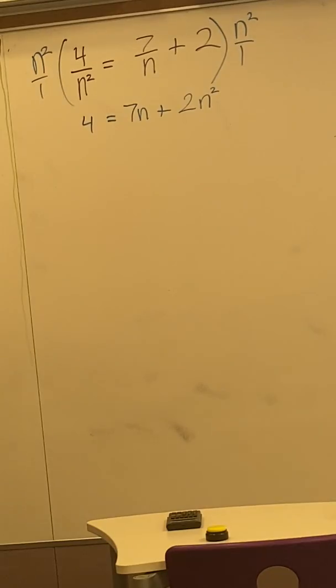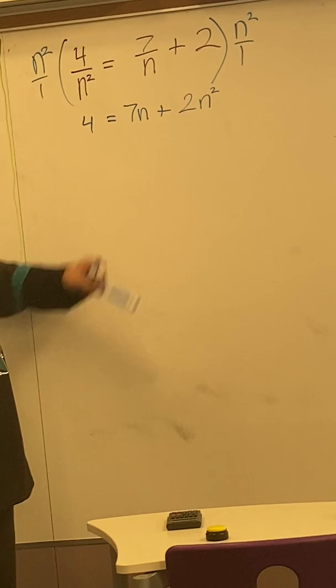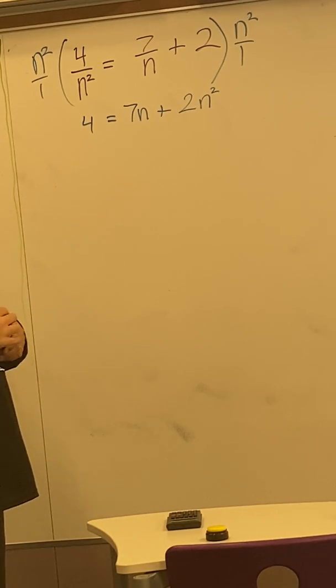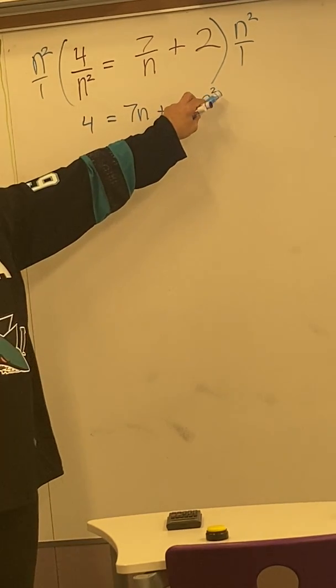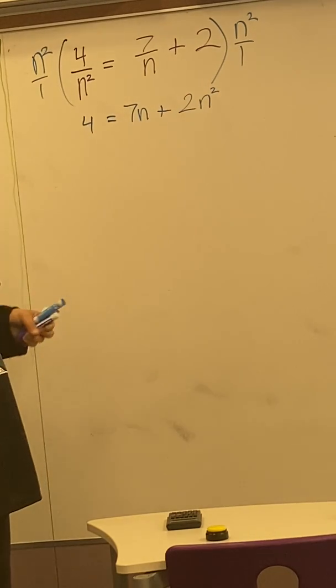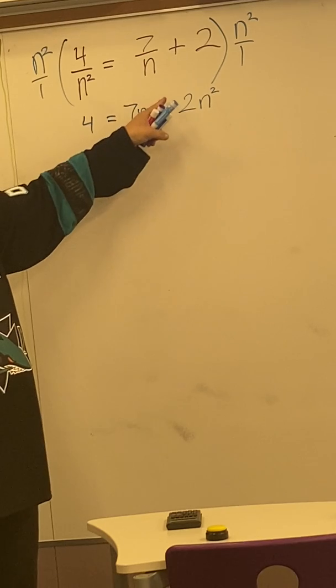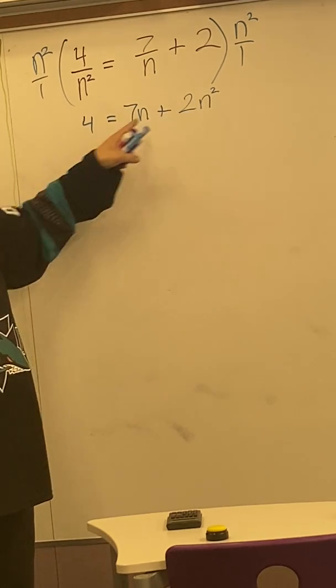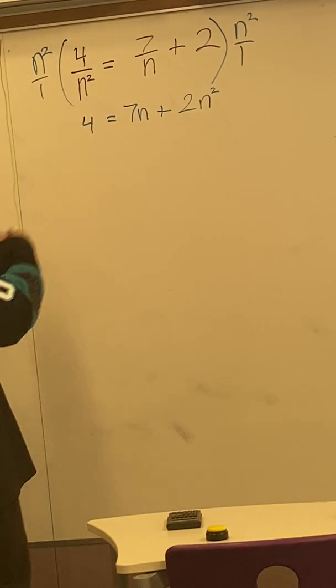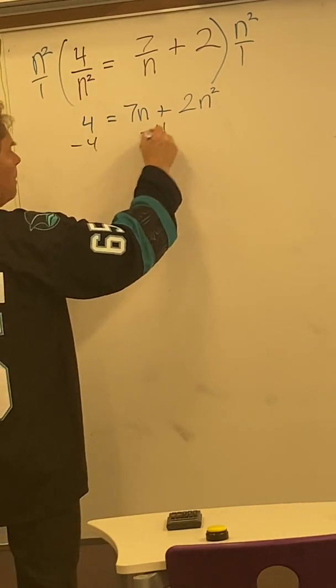So there's my second degree equation, my quadratic equation right here. Now, what happens when I have a second degree or higher, a quadratic? I try to make one of the sides 0, and I want whatever's in front of my square term to be positive. It's already positive, so I'm going to move this side over. I'm minusing 4 from both sides.